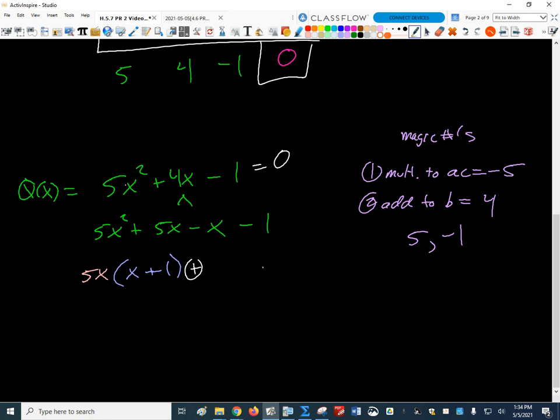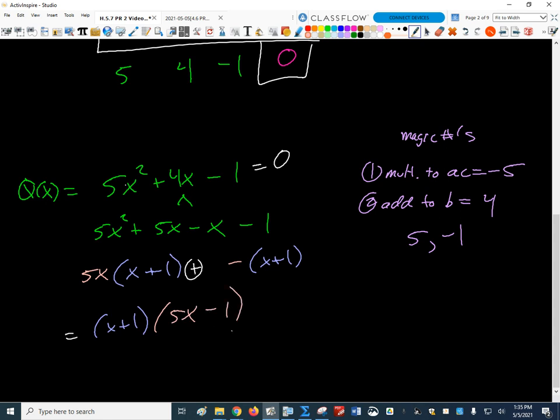Okay, so we know we've got to get a common binomial factor. We know it's going to work. What do I have to factor out to make that happen? Okay. Factor out a negative 1. And so we got our answer, don't we? Then this equals x plus 1 times 5x plus negative 1.